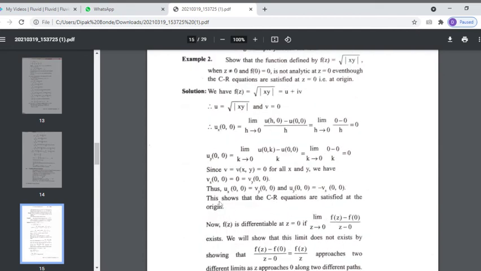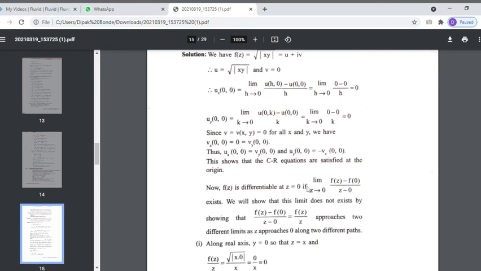So CR equations are nothing but u_x(0, 0) is equal to v_y(0, 0), u_y(0, 0) is equal to minus v_x(0, 0). CR equations are satisfied. But what about the derivative at z is equal to 0? So limit z tends to 0 of f(z) minus f(0) upon z.